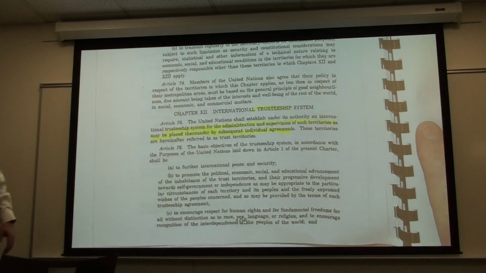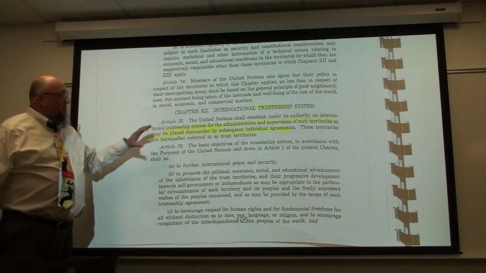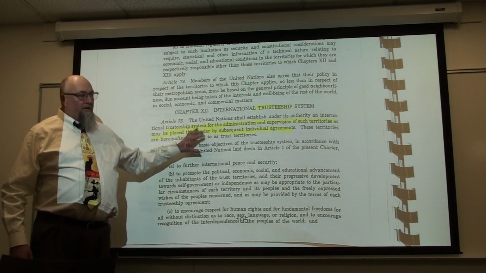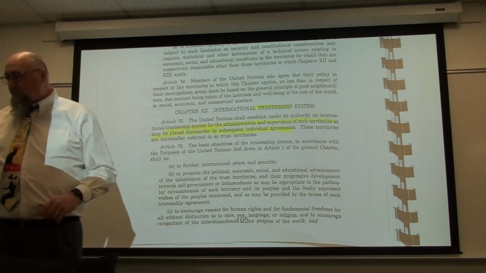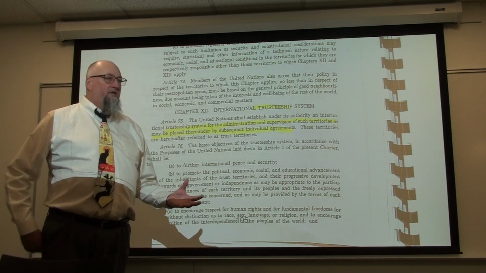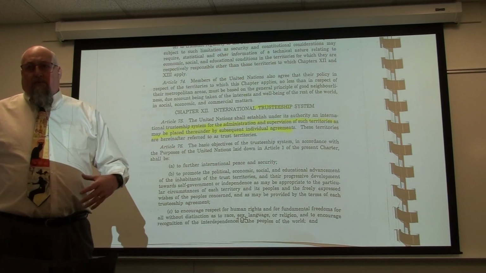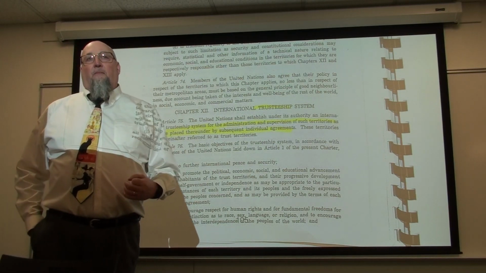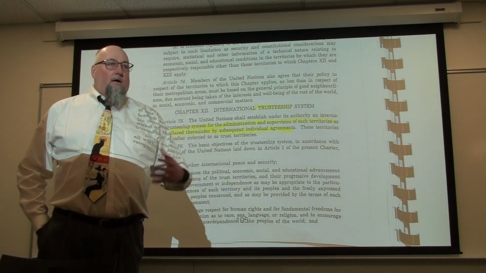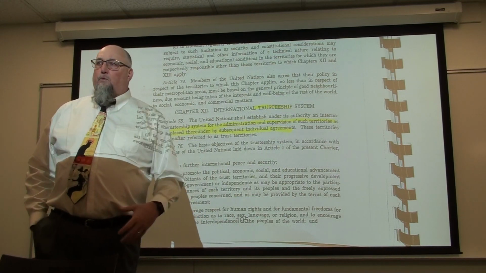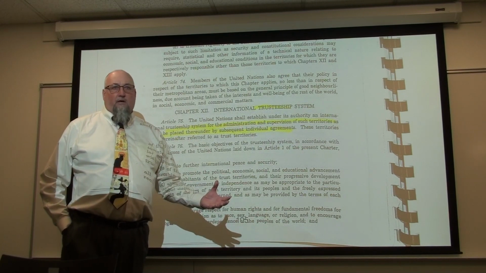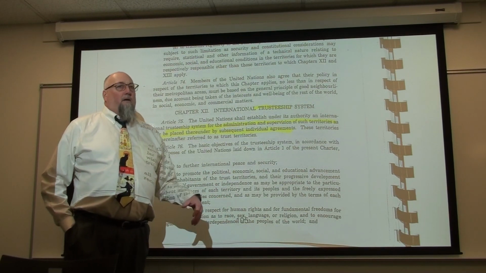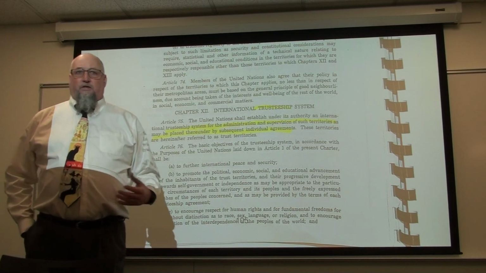Okay, Chapter 12, excuse me. Trusteeship system, I've talked about this already. All I want you to know about the international trusteeship system is that it is one of the organs of the United Nations, established because post-World War II there were areas around the world, primarily in the South Pacific, that didn't have any functioning government whatsoever, and not really even a nucleus of one.